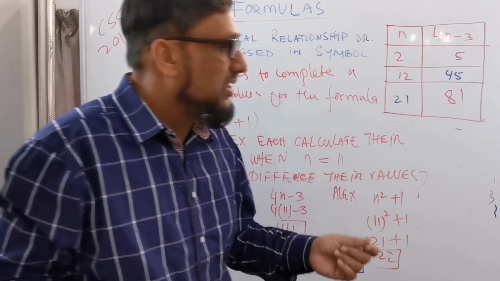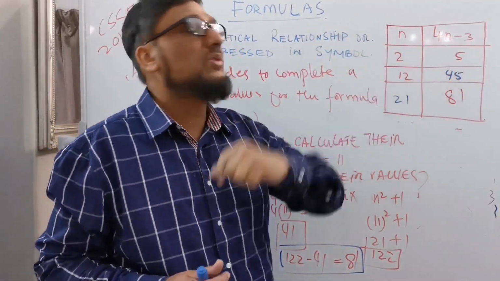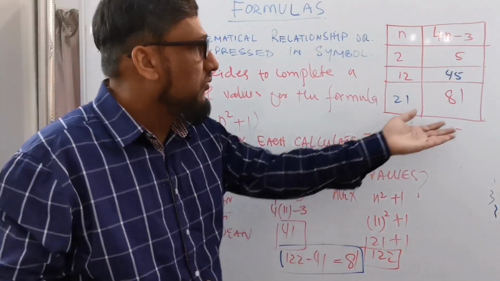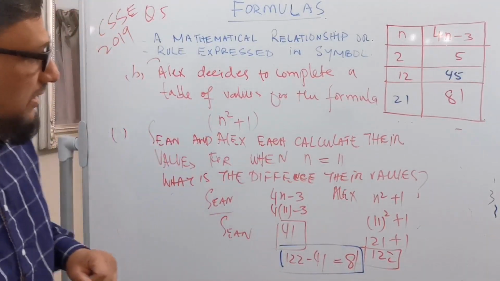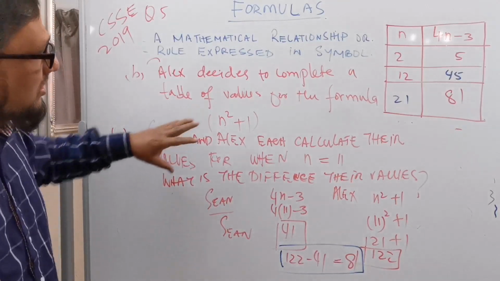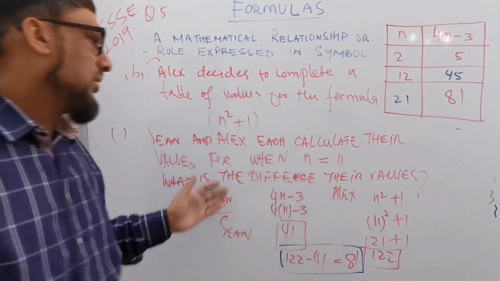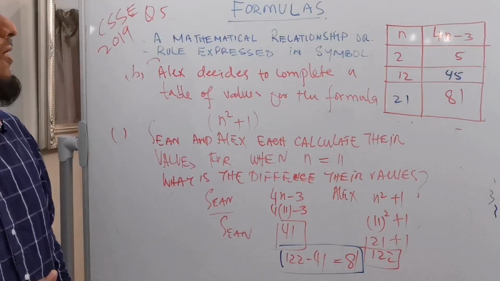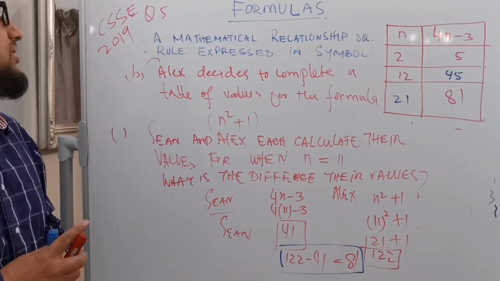In reverse calculation, the inverse of minus is plus and the inverse of times is divide, and you can easily work out the initial number. Part B is asking about 2 different formulas: if I put in the same value, what is the difference between the 2 values? This is CSSE 2019 question number 5.